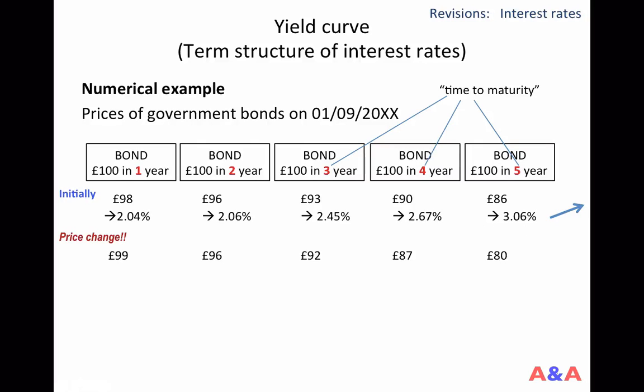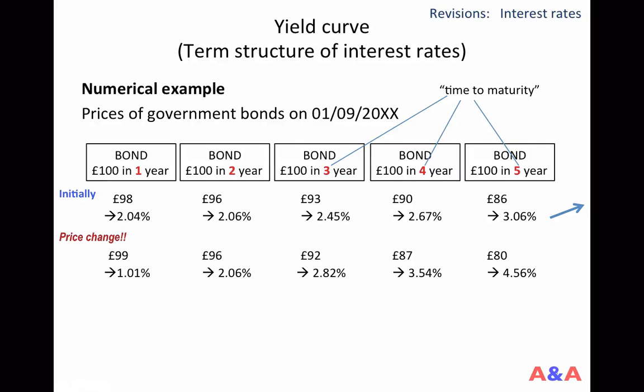Suppose today the prices have changed. Now the 1-year bond costs £99, so the price increased. The 5-year bond costs only £80, so the price dropped. Again, you can compute the interest rates implied by these new prices.